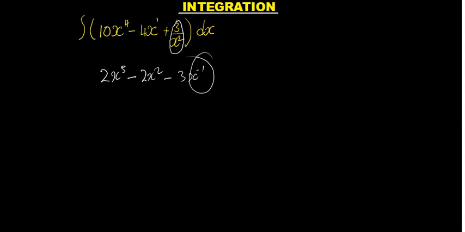What you're going to get is 2x to the power 5 minus 2x to the power 2 minus 3 over x. So we get rid of the negative 1 by putting it on the denominator. So we're also going to add the what? A c. And this is the integral of what we have here.